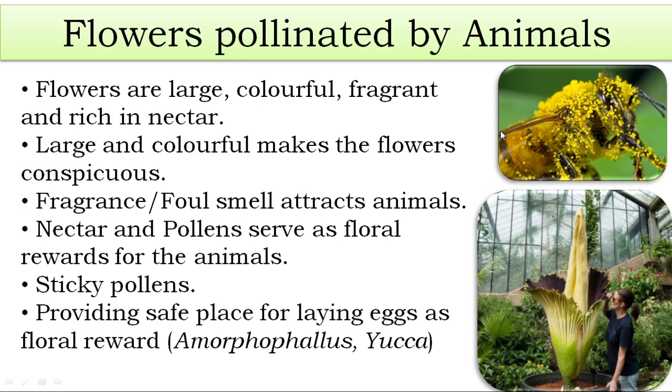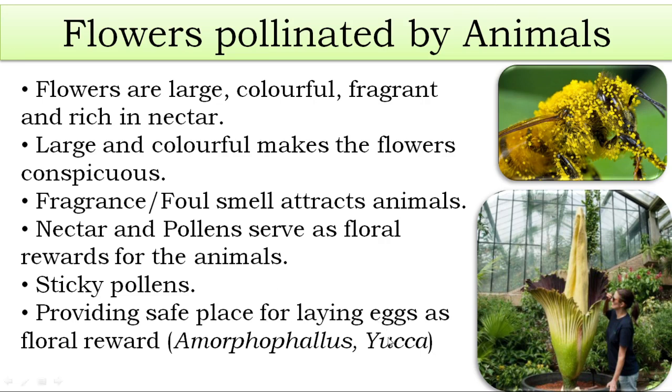Another example of floral reward is some flowers like Amorphophallus, right? Such flowers provide a safe place for laying eggs. So the pollinators can lay eggs within such flowers and their eggs will remain safe, right? And then there is the yucca flower, and there is a moth which lives in a very mutually beneficial interaction, right?